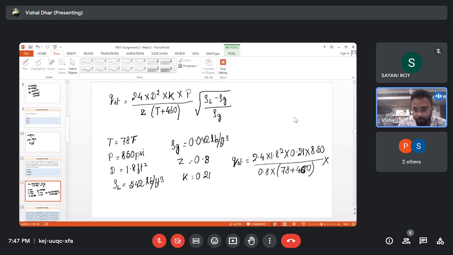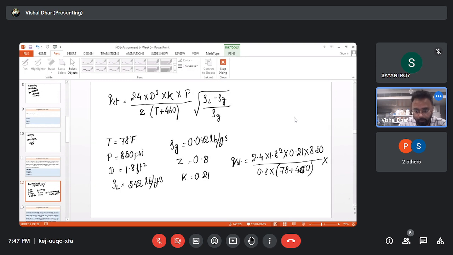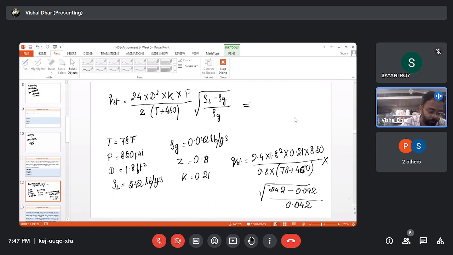So this will be into this another part, which is 54.2, which is the density of liquid minus 0.042 density of the gas divided by 0.042. I hope my handwriting is understandable. If there is any problem or any query, just let me know. Try to solve this and try to get the answer.